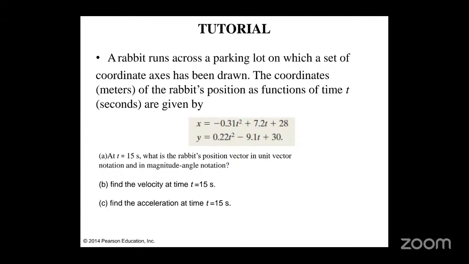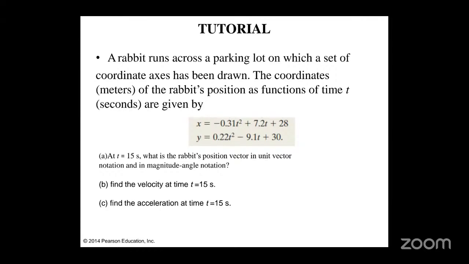We have x equals minus 0.31 t squared plus 7.2 t plus 28. Y is equal to 0.22 t squared minus 9.1 t plus 30.